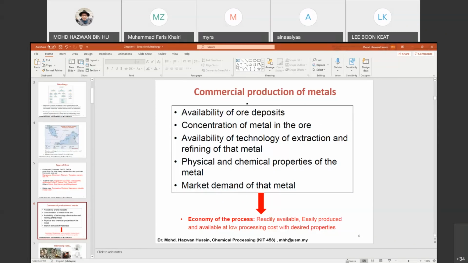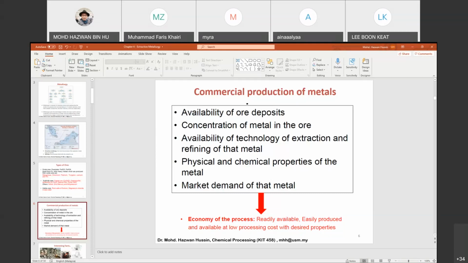If the concentration or the amount is huge, then we can consider this as part of the production. The availability of technology for extraction and refining of that metal is also important. Physical and chemical properties of the metals, whether it requires heating or special chemicals for leaching and others, are also important.